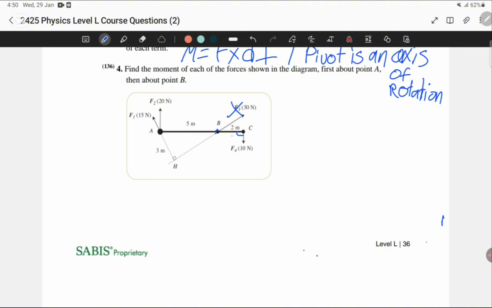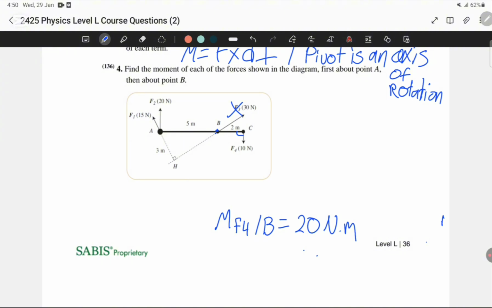It's already perpendicular to point B by 2 meters. So the moment of force 4 on B equals 10 times 2, which is 20 newton meters.